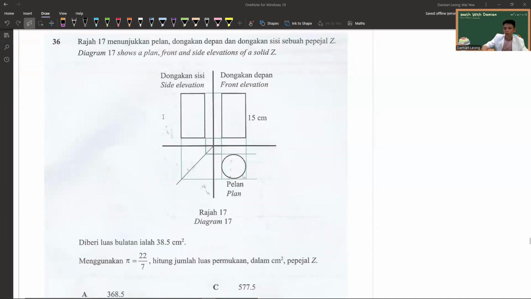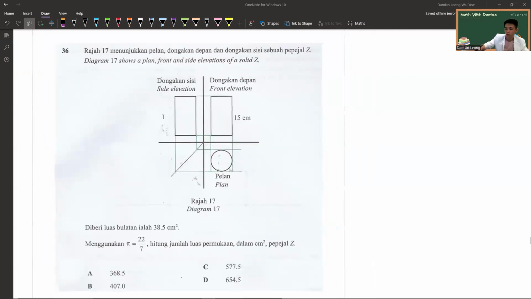Then we look at question 36. So here we have the plan view, front view, and side elevation view of solid C. So you want to be able to see what shape this is. From the 3 views, basically it would be a cylinder.